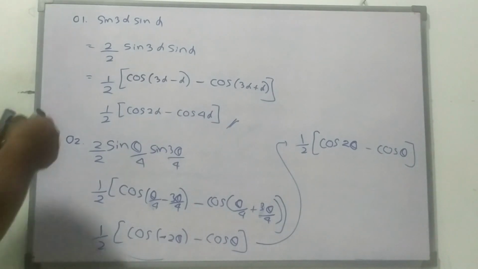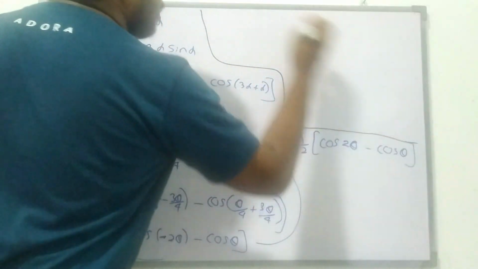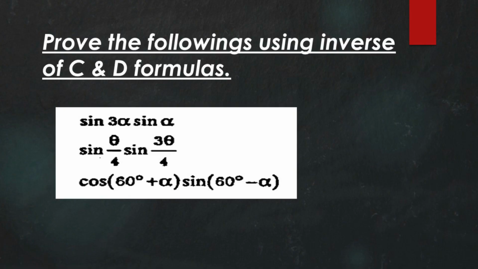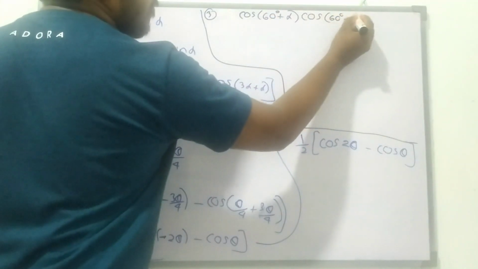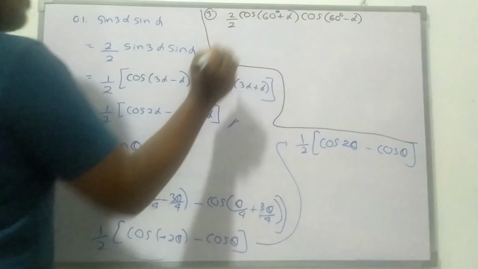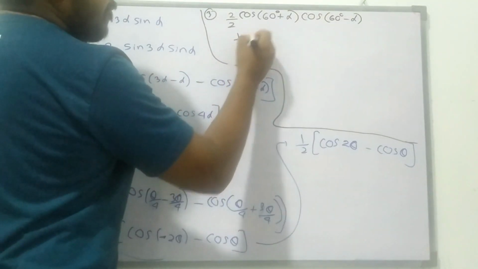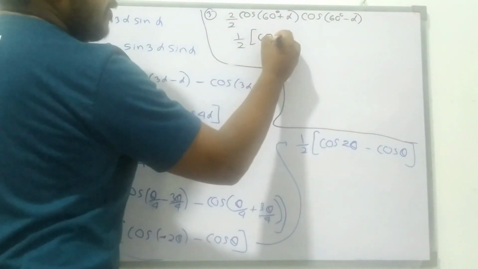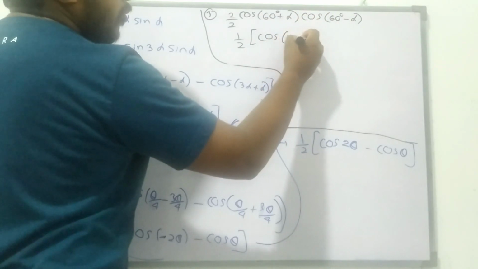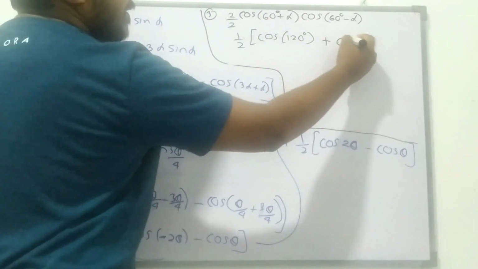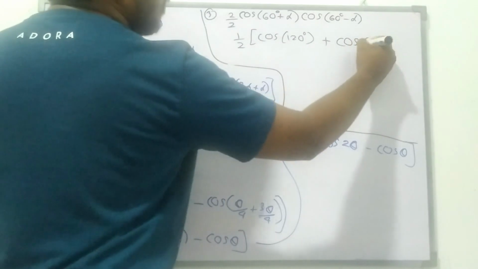And we have one more, so I will describe the third one as well. Third one, cos 60 plus alpha cos 60 minus alpha. I'm going to divide and multiply by 2. Cos addition 120 plus cos subtraction 2 alpha.